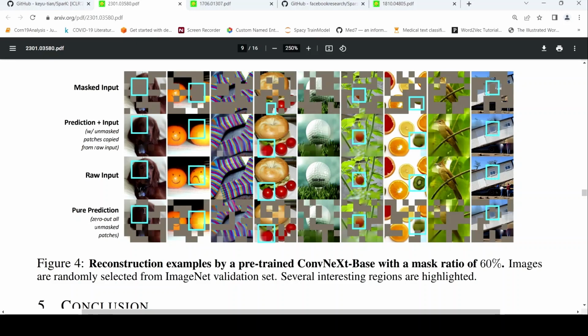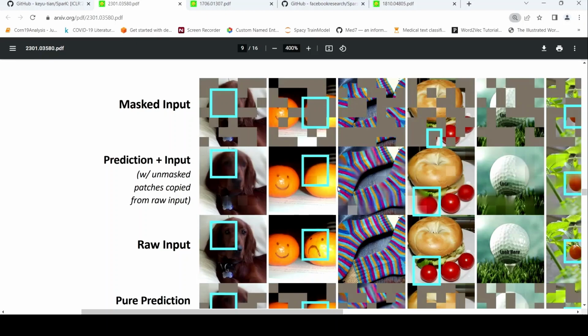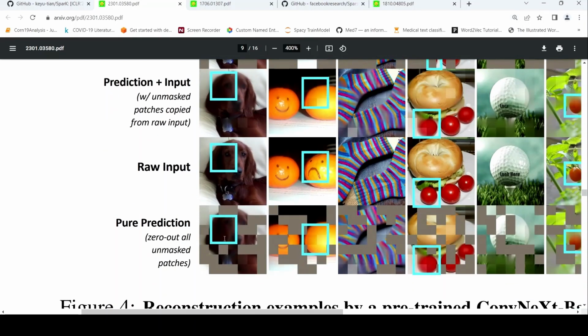This region is highlighted over here. When you zero out all unmasked patches, this is the patch which has been predicted in the masked input. So it does some decent prediction over here. Maybe we'll zoom in a little bit. Yeah, it does some decent prediction of this particular region.